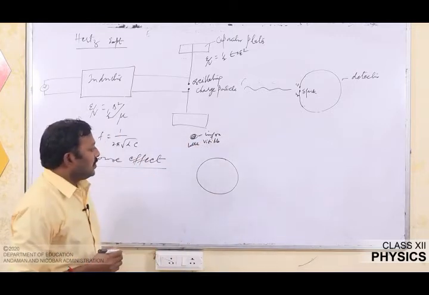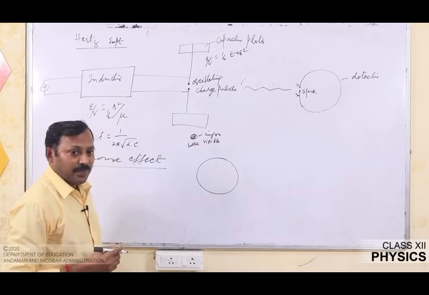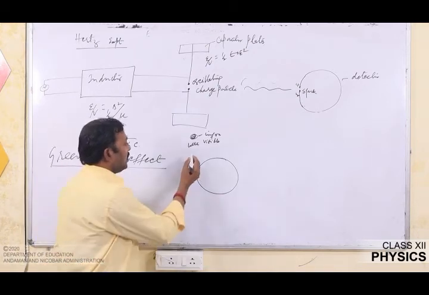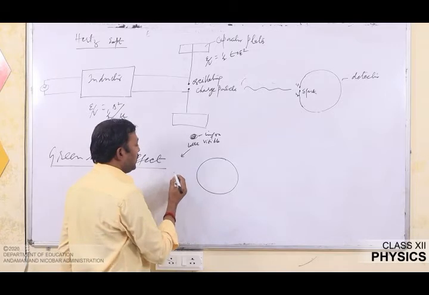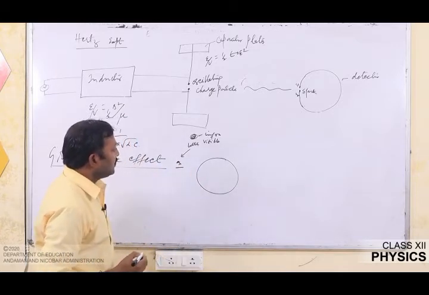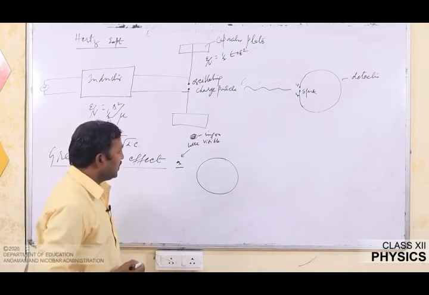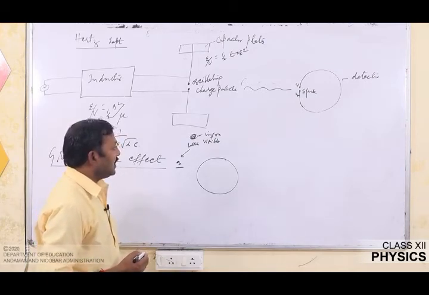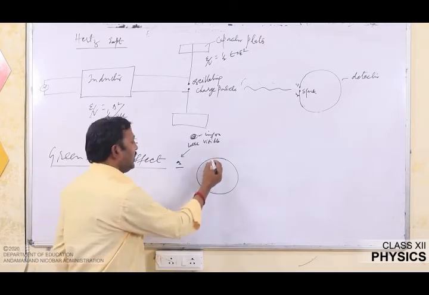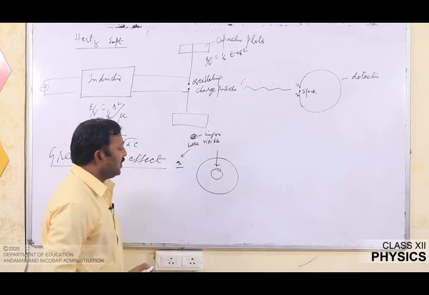Ultraviolet radiation is absorbed by the outer atmosphere, which consists of oxygen molecules. These oxygen molecules, on absorption, convert to O3, the ozone layer. In this way, ultraviolet radiation is stopped by the outer atmosphere, whereas visible light as well as infrared enters through the atmosphere.